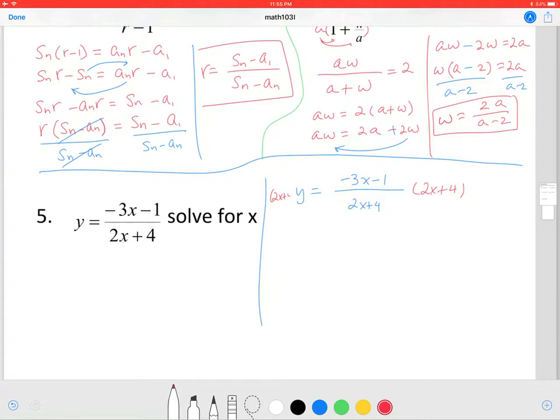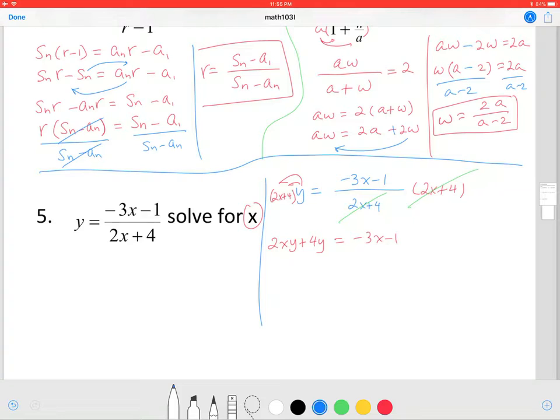And what will happen is these two will cancel out. So I'm going to distribute the y, and that'll give me 2xy plus 4y is equal to negative 3x minus 1. And I'm solving for x, which means I have to pull the x terms to one side.